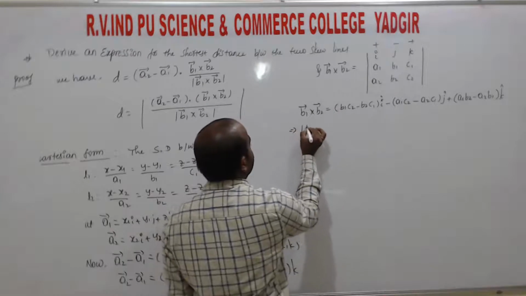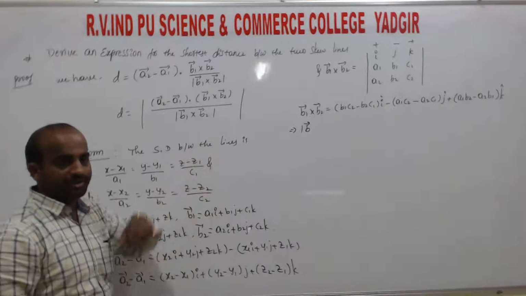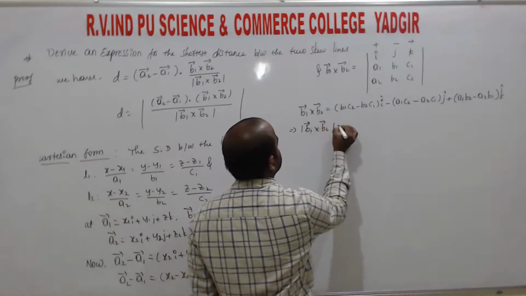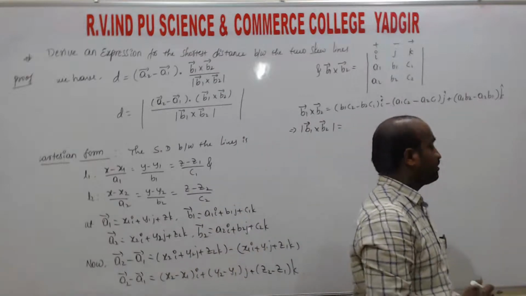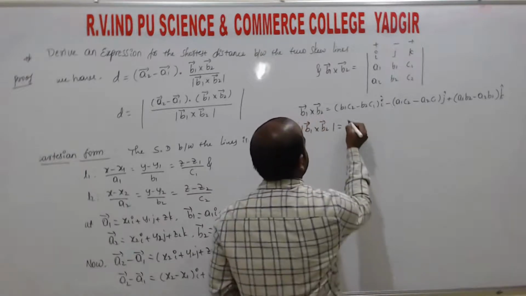Next we have to find the magnitude, which is in the denominator: the magnitude of b1 cross b2. This is of the form xi plus yj plus zk, so the magnitude is the root of x square plus y square plus z square.